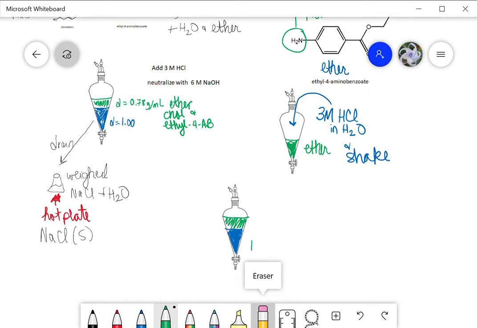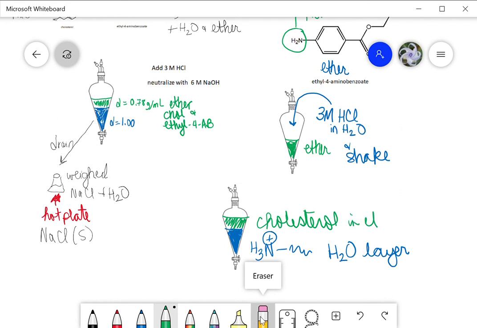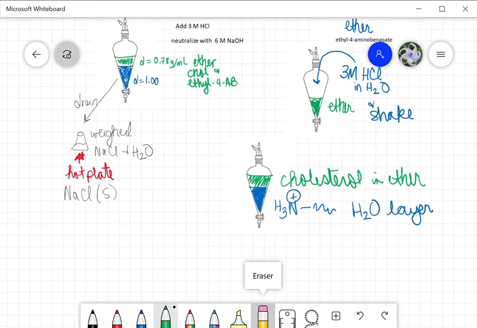So this is now my amino version of it, in the water layer because now it's charged. And my cholesterol is now left in my ether layer. So now I have a good chance to separate those two.